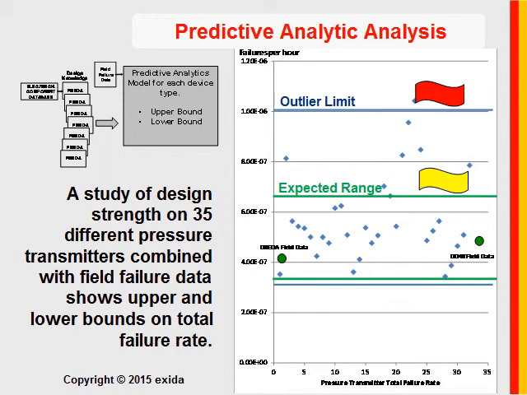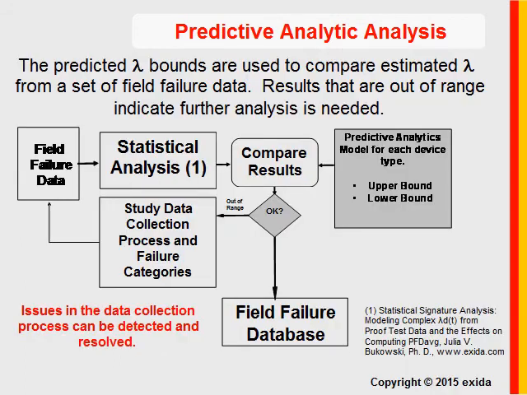And we can tell by looking at this chart, we can establish a set of numbers for a pressure transmitter. And based on the analysis of this set of data, we can predict how well a data collection process for field failure data is working, and whether they are collecting information properly or whether they have some serious problems in their data collection process.